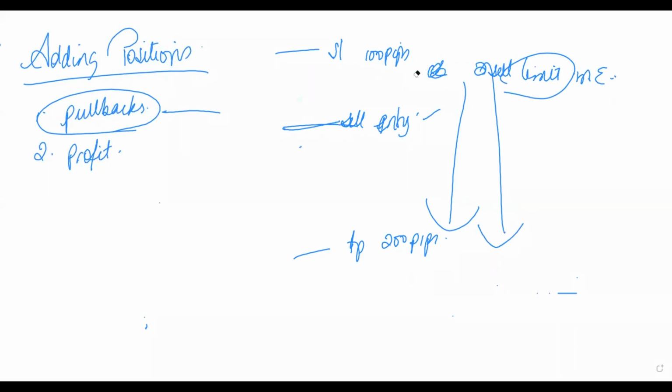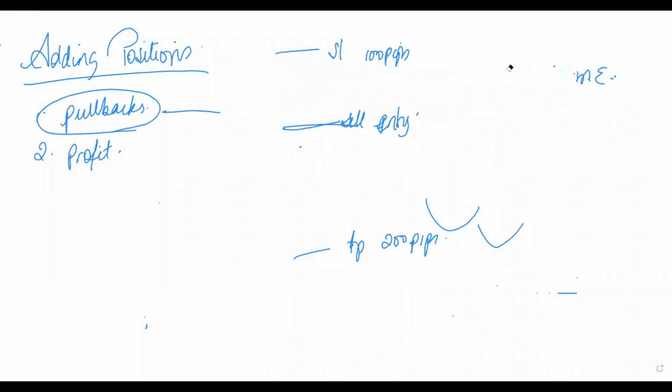The third thing that some persons can do when it comes to adding positions is you have your stop loss and you say, you know what, when price is a certain number of pips away from my stop loss, I may add a position. So you may say, I have a 100 pip stop loss, I may add a position at the 50 pip mark or at the 80 pip mark.